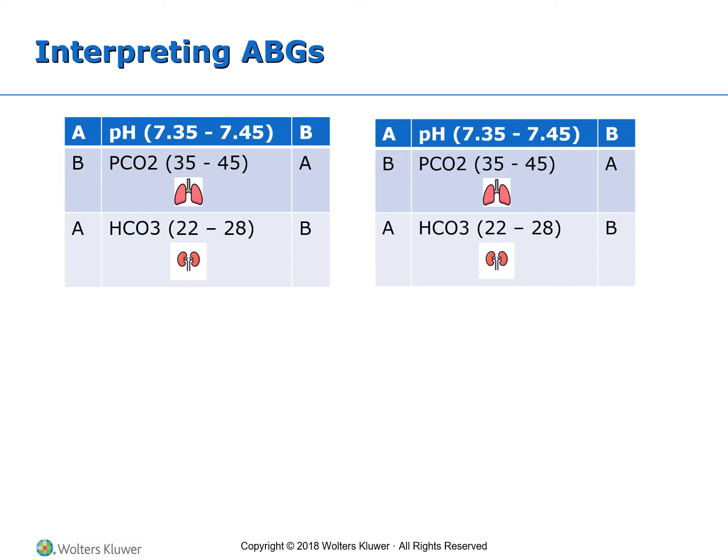So let me see if I can get my pen to work. Let's see if you have a pH of, we'll say, 7.27. And then we'll give CO2, say 50.